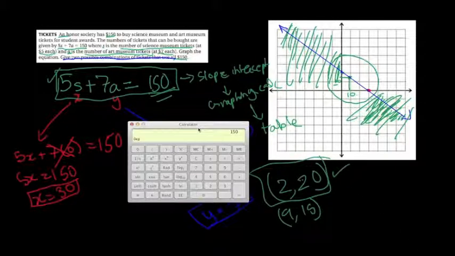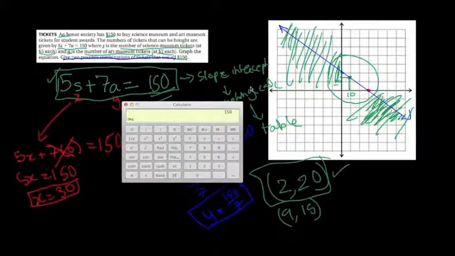Always test your answers, because sometimes things may seem to be correct, but you might have made a mistake somewhere while finding them, so you could be wrong. So just be careful and make sure you check your answers as well. So we're just going to do that right there.